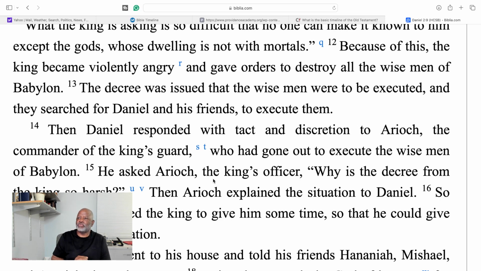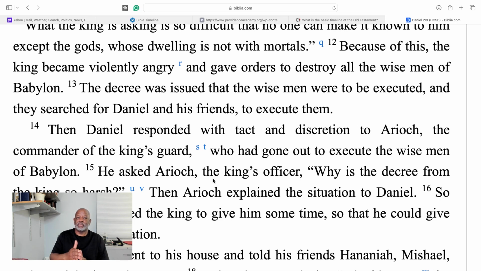The decree was issued that the wise men were to be executed, and they searched for Daniel and his friends to execute them. Now, we're going to see this throughout this book. One of the privileges of a king with ultimate power also sometimes comes with foolishness, like making these kinds of broad sweeping decrees that would affect people.